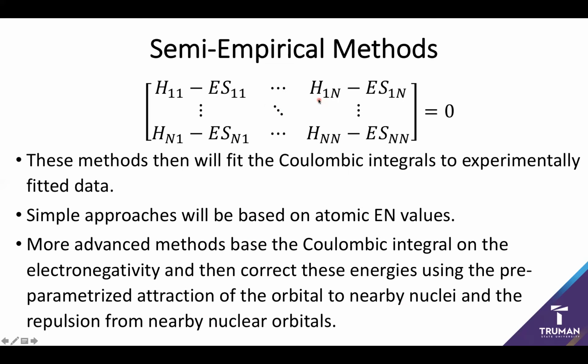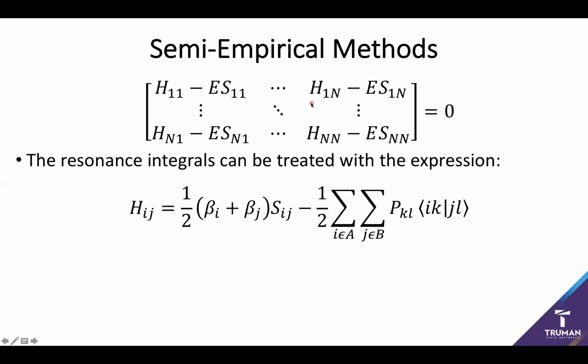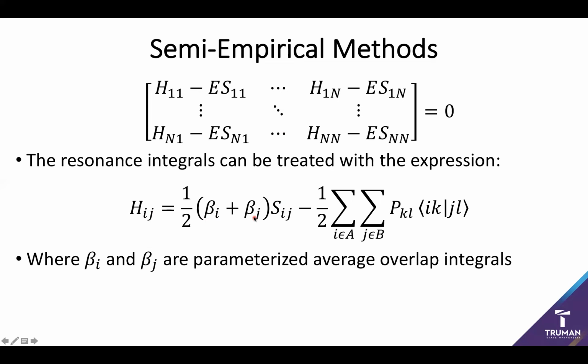However, the real pesky feature is what is called our resonance integrals. So these are the off-diagonal elements. And these are also solved with a series of pre-solved variables. So the first part that we start with is that these resonance integrals can be given by essentially an average of these beta parameters, which are essentially going to be parameterized resonance integrals.